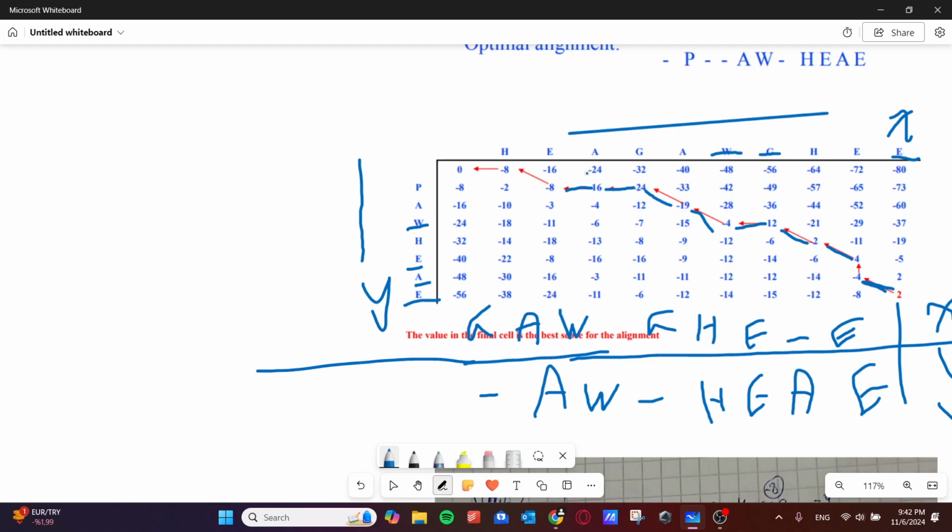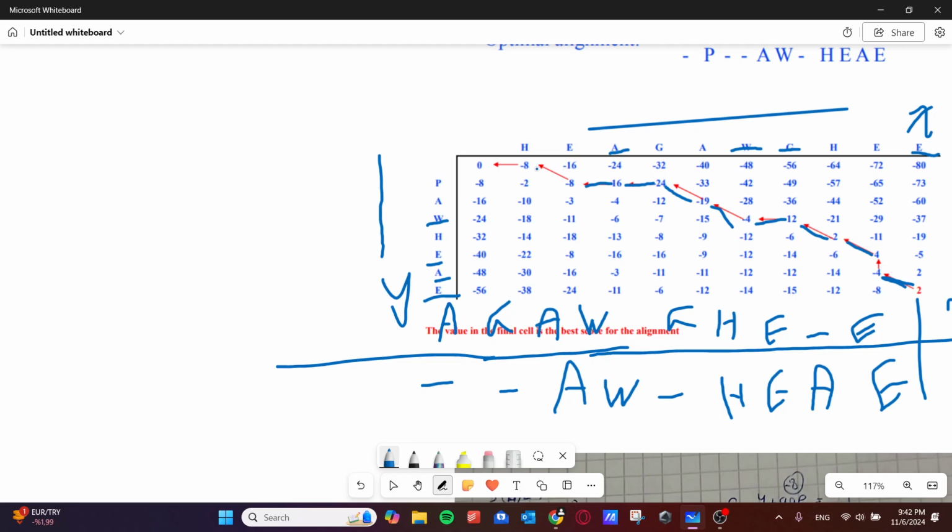Here it's horizontal again, parallel to the X. I take A for the X and keep Y empty. Diagonal, we take E and P.